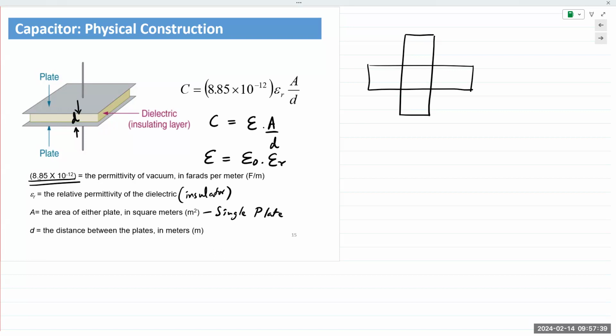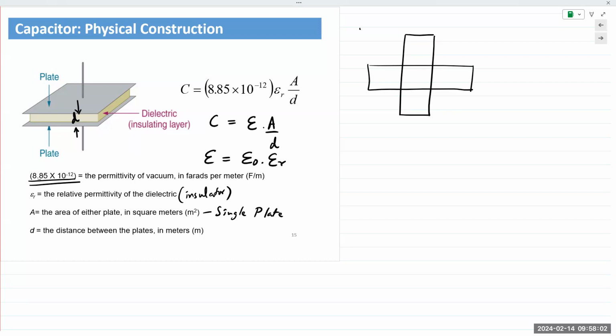So they just coat it with a thin layer of gel, and you roll it up. So when you roll it up, the distance between the two plates is very, very small. And thus, you can have a higher capacitance value in a very small physical construction.